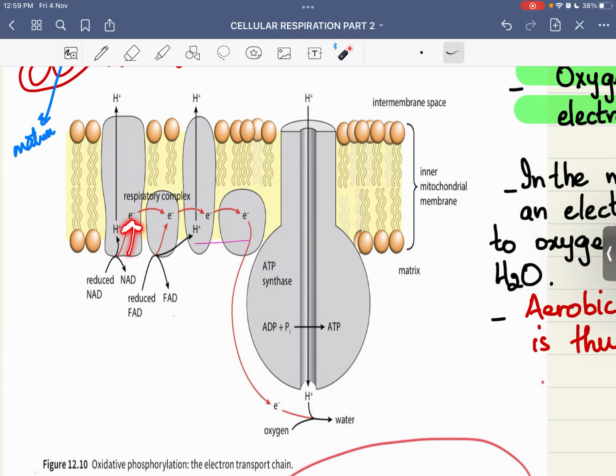Reduced. अच्छा, ये एक्सेप्ट कर रहा है. अब ये डोनेट कर रहा है. अब क्या हो गया इस प्रोटीन को? Is it oxidized? Yeah, no, it's reduced, no?